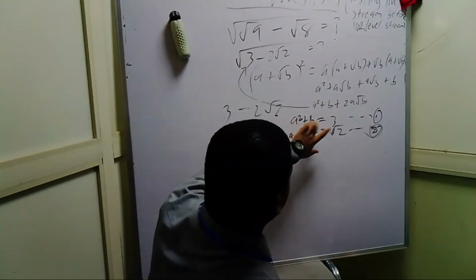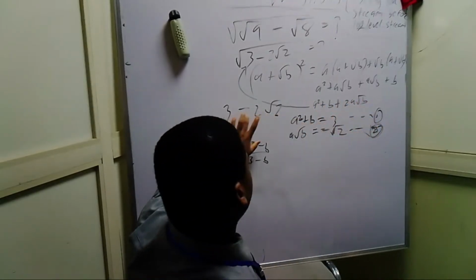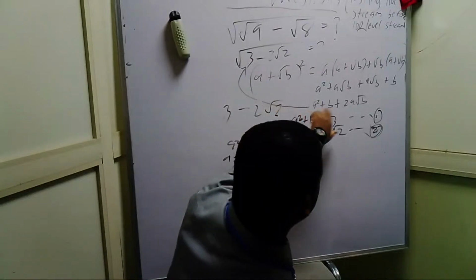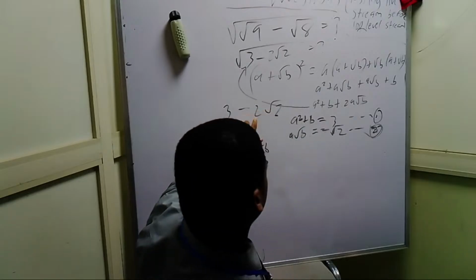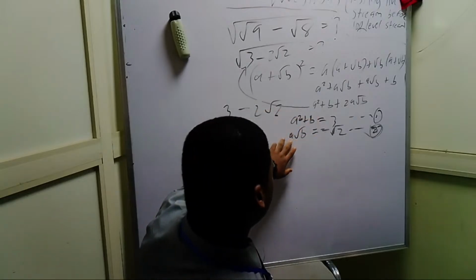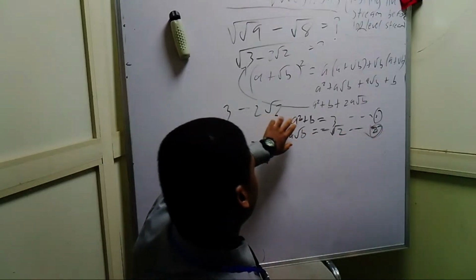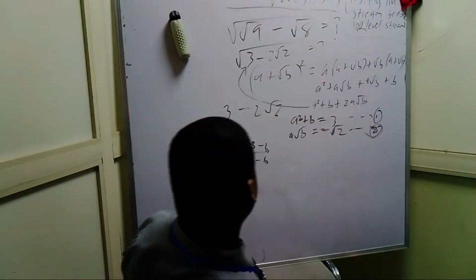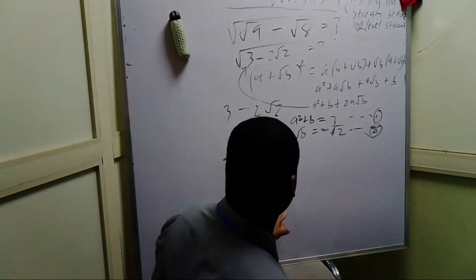By the time we compare a squared plus b plus 2a root b with 3 minus 2 root 2, we have that a squared plus b must equal 3, and 2a root b must equal minus 2 root 2. If we divide both sides by 2, we have a root b is equal to minus root 2. From a squared plus b equals 3, we get that a squared is equal to 3 minus b, and a is equal to the square root of 3 minus b.